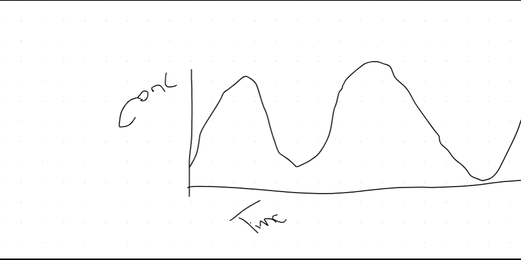The drug will go up in your blood, and at this peak, it's the concentration at which it's maximum in your bloodstream, and then this is your trough. This is the concentration at which it's lowest in your bloodstream. This is your peak, this is your trough.